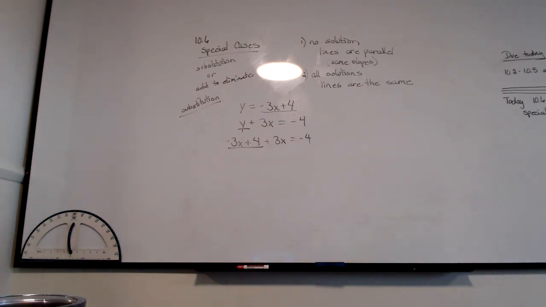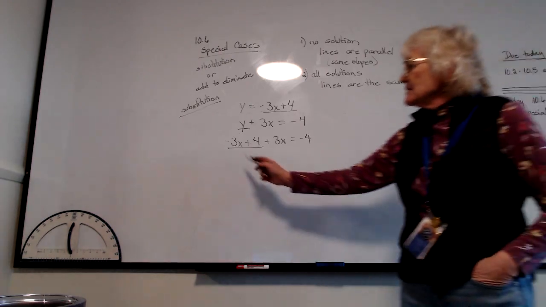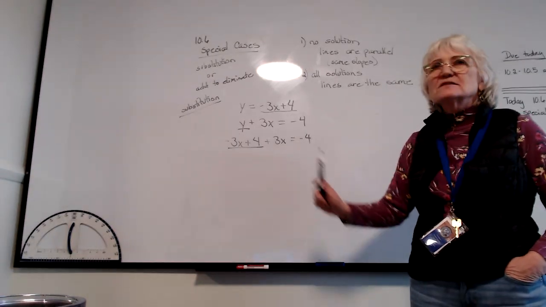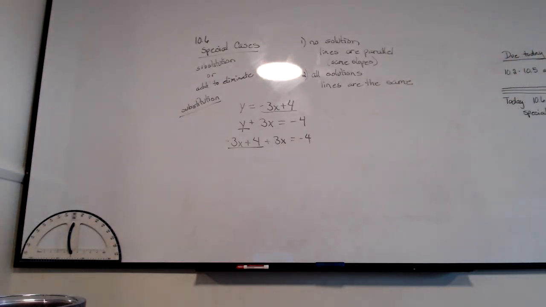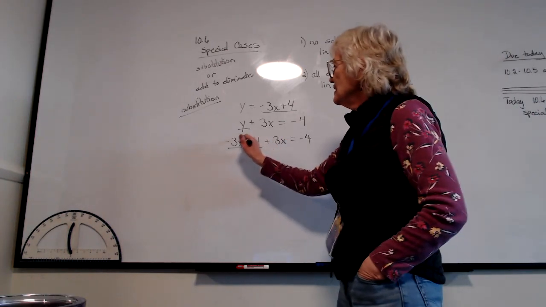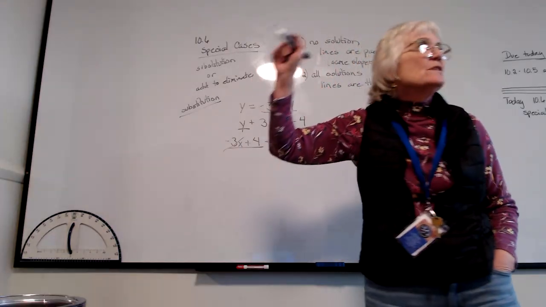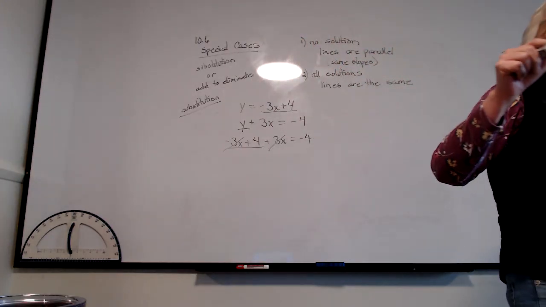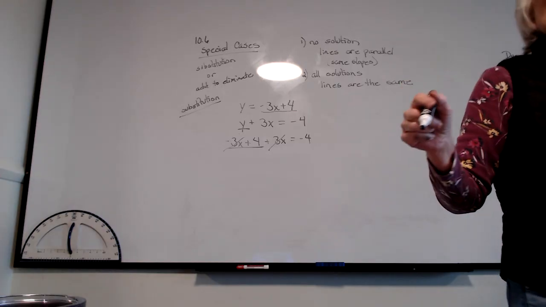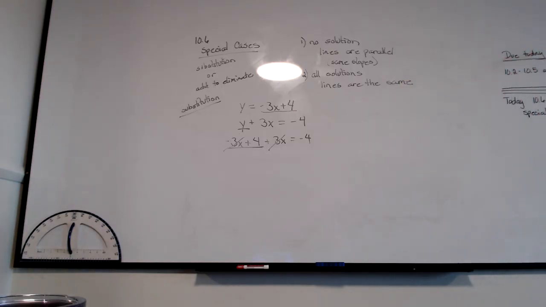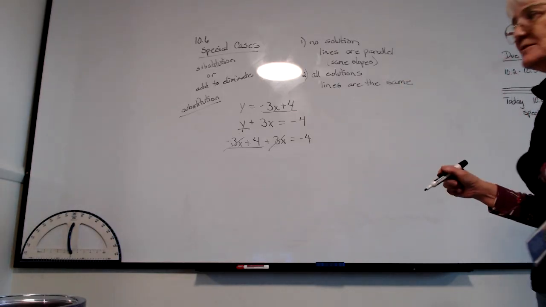Now look what happens here. I have a negative 3x and a positive 3x. They cancel out. My variables disappear. In these cases, your variables will disappear. If they're either parallel lines or the same line, the variables will disappear.